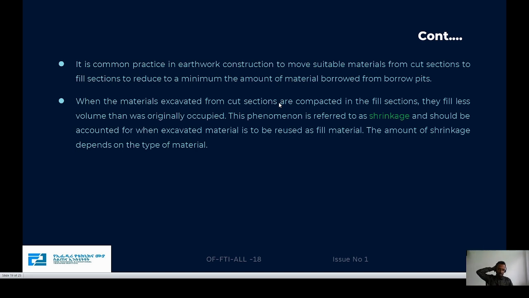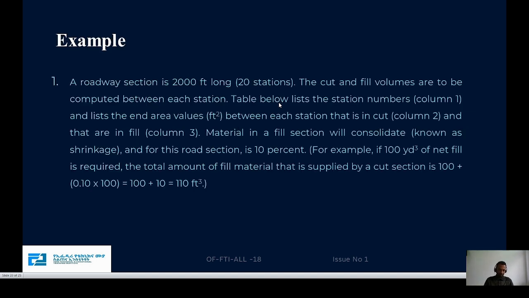When the material excavated from the cutting sections is compacted in filling sections, it occupies less volume than the original. So this is a very important thing, shrinkage. This is the amount the material shrinks, or the decrease in volume.